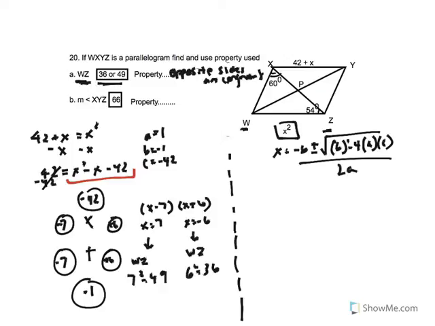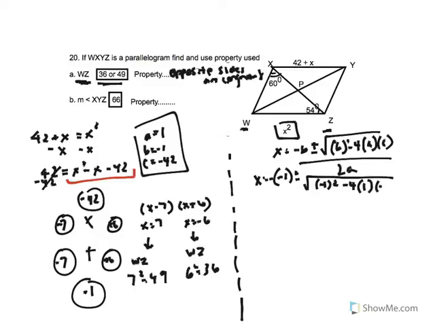What if I use the quadratic equation? I'm going to use the same A, B, C values over here and just plug it into the equation over here. I get x equals -(-1) plus or minus the square root of -1 squared minus 4 times 1 times -42, and it's all over 2 times 1. So I get x equals +1 plus or minus the square root of -1 squared gives me +1, minus 4 times 1 gives me 4, times -42 gives me 168.